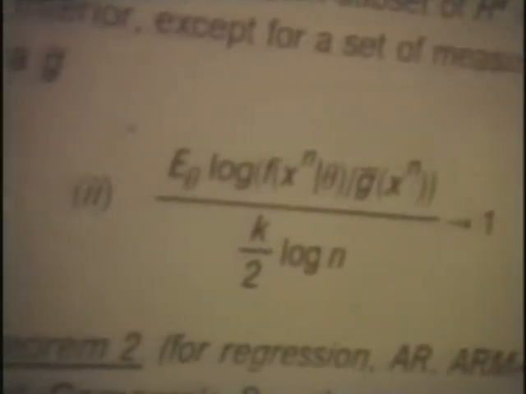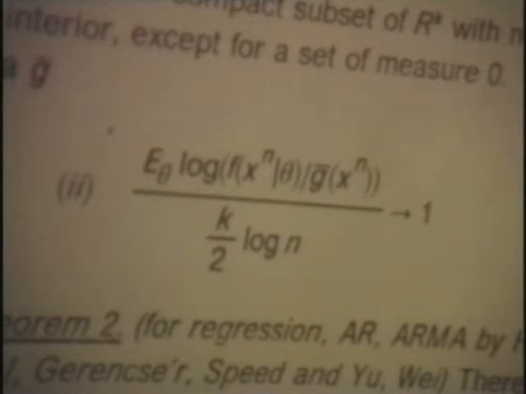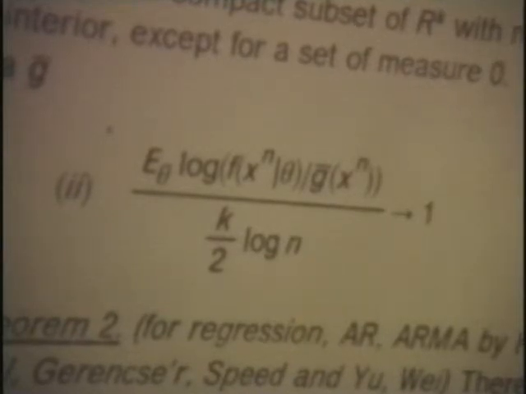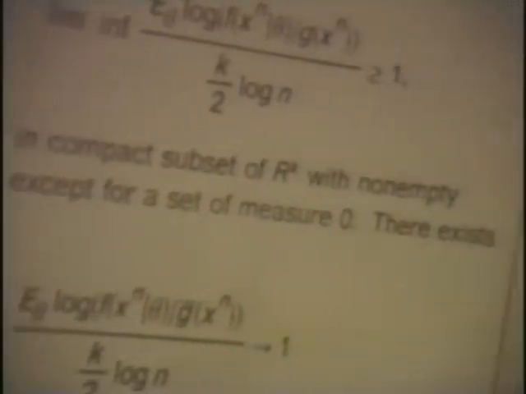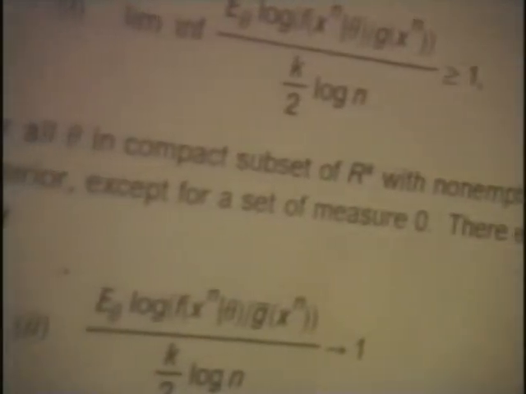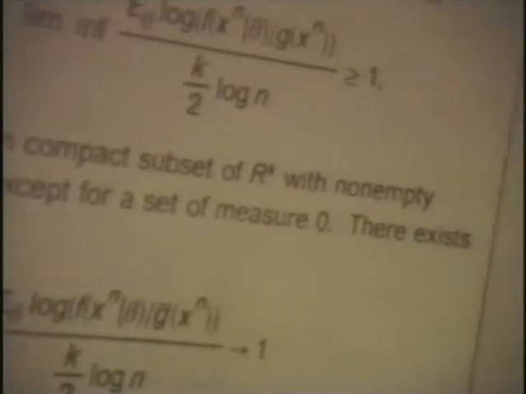It learns whatever data generating density you pick, whatever theta you pick, this other one will learn it sooner or later and achieve the shortest code length. And indeed it is shortest because the first part says that no matter what you pick, the Kullback-Leibler distance divided by k over 2 log n cannot be smaller than unity, except in a small, vanishing set.